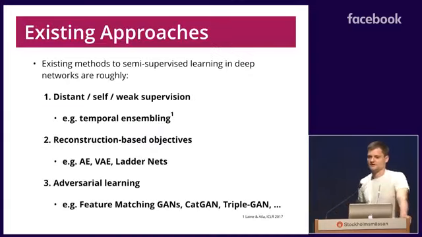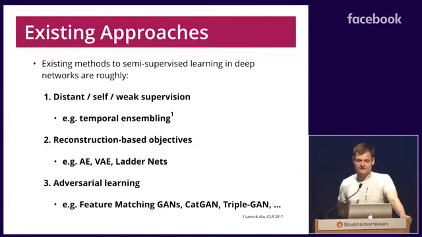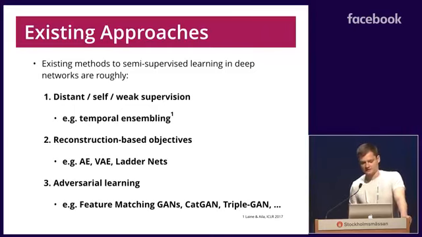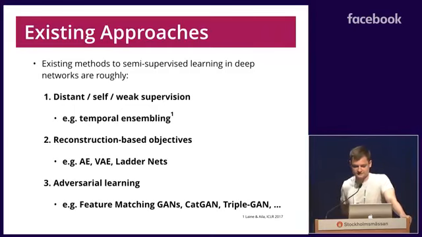Just a quick recap: there are currently 3 main areas of semi-supervised learning in deep learning. The first one, which is the one we're concerned with in this talk, is distant supervision. It's also called self or sometimes weak supervision in different disciplines, but it's all the same concept. One approach in this area from recent history was temporal ensembling.